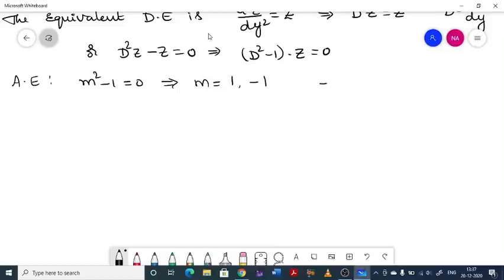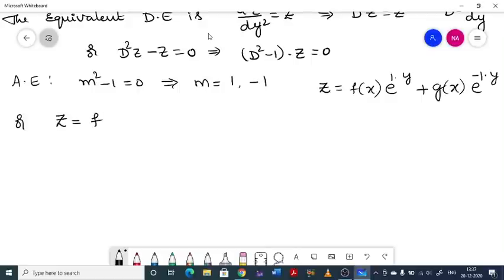Therefore the solution will be z equal to first constant. Here we have derivative with respect to y, so constant must be function of x. f of x into e power first root into independent variable y, plus g of x into e power second root into y, or z equal to f of x e power y plus g of x e power minus y.